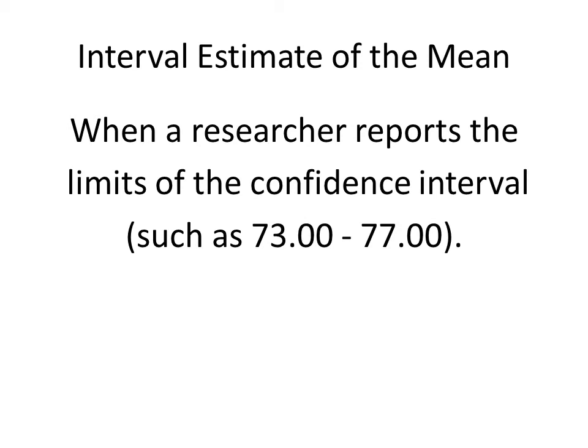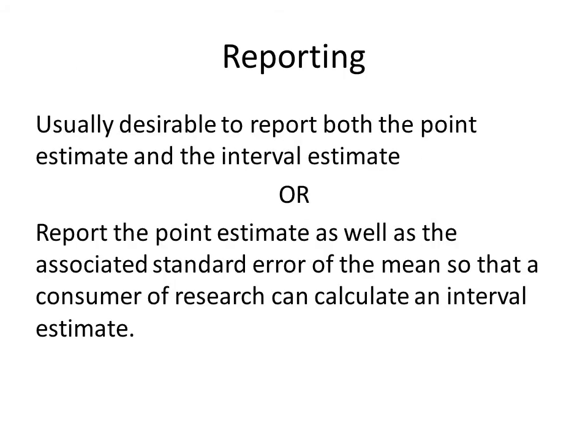And so we have an interval estimate of the mean. Usually we report both the point estimate and the interval estimate, or we can report the point estimate as well as the associated standard error of the mean, so that the consumer of the research, the reader of the research, can calculate their own interval estimate. It is not necessary that we do that for them.